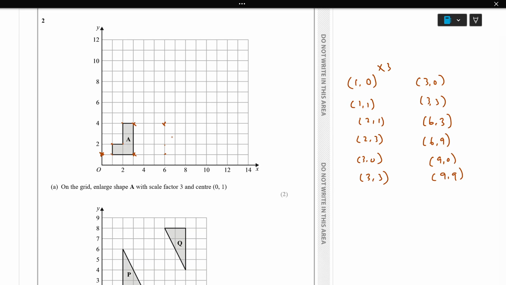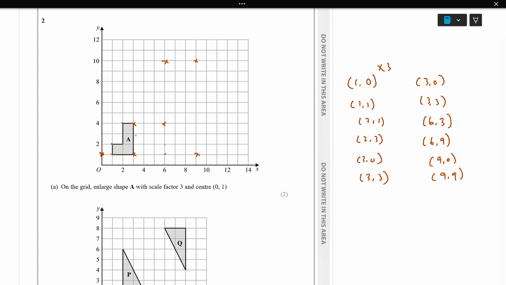Next, 6 units right and 9 units up, 4, 5, 6, 7, 8, 9. Next 9 units right, here. Next 9 units and 9, 1, 2, 3, 4, 5, 6, 7, 8, 9.